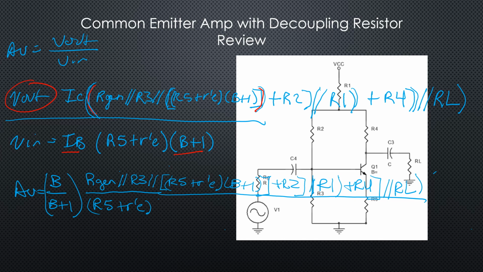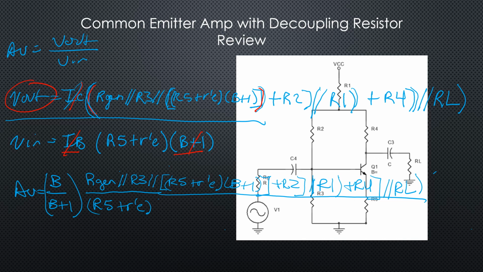Here. I erased some of this stuff on accident. Okay, so that V out right there, minus the IC, because we converted the IC to beta over beta plus 1. So there's your AV, which basically you can eliminate a lot of this stuff just by saying, well, 50 ohms in parallel with that is 50.